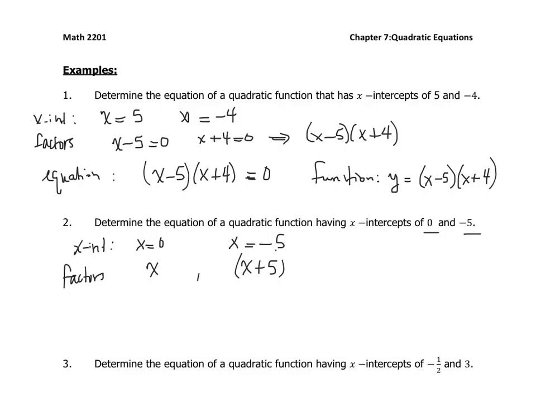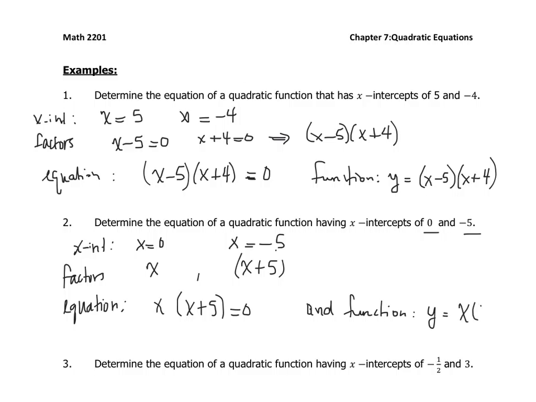You'd bring that -5 back over and make it x plus 5. So your equation would be x times x plus 5 equals 0. And the function would just be with the y in front instead of the 0: y equals x times x plus 5. That function would have x-intercepts of 0 and -5.